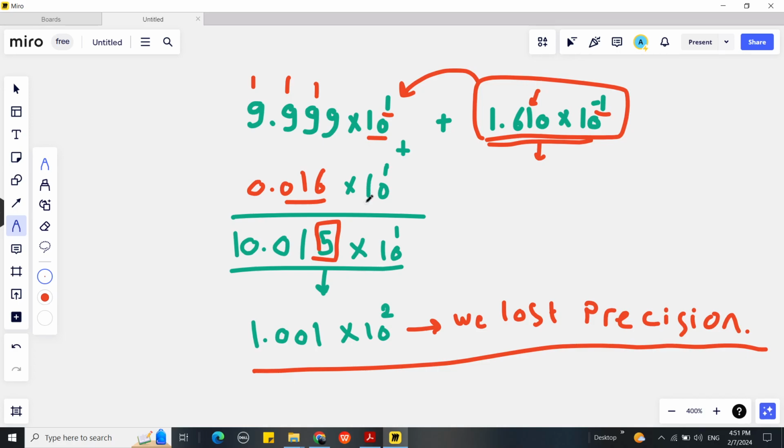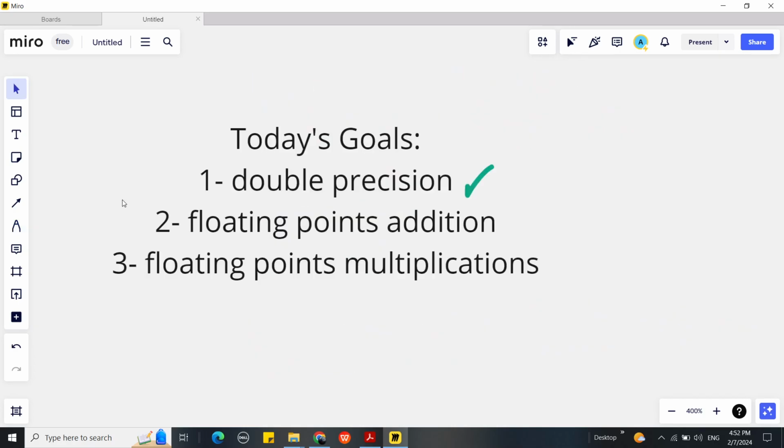Now the bases are equal, 10 power 1, 10 power 1 in both numbers. Now you can add them, and then if your number is not in scientific notation, you need to change it to scientific notation one more time, and this is how you add floating numbers. Now we are done with floating numbers addition.